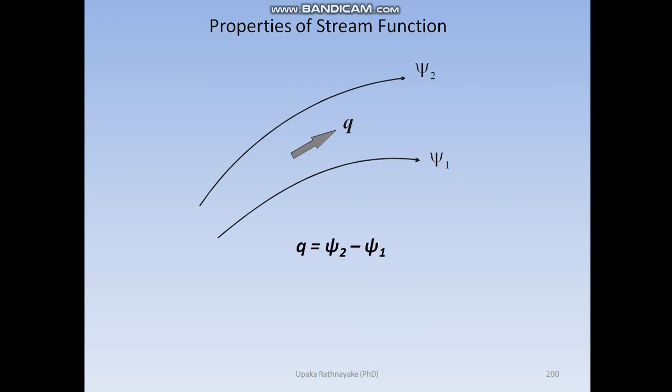Now, let us look at the properties of the stream function. Please recall your memories on the stream function and its properties from our previous sections. In addition to that, we can mathematically present that the flow rate between two streamlines is given by small q equal to psi2 minus psi1, that is the subtraction of the stream functions.